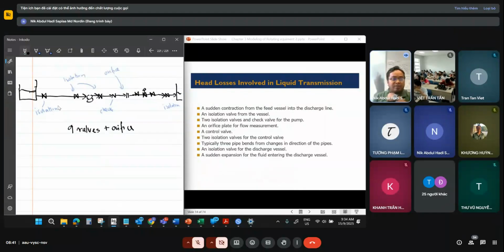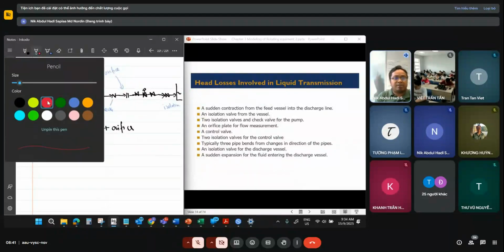So now the first part is focused on where the valve is placed, or where the valve should exist, in order to transport liquid from point A to point B. So now let's focus on the head losses. Let me change this into a red pen.